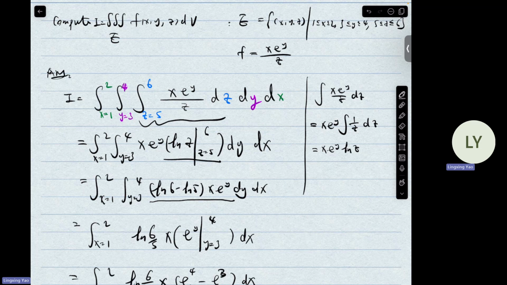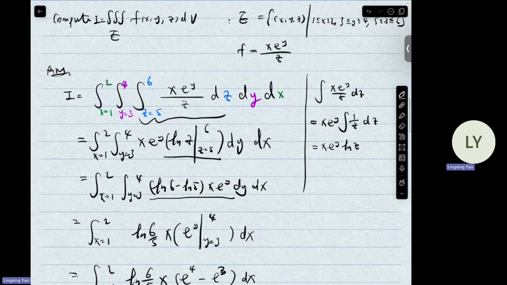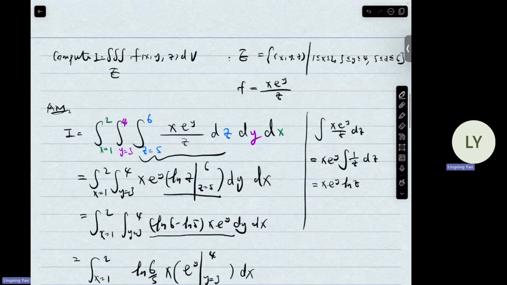So let's just continue our discussion about the triple integral. As in the last segment, we went through one example of this triple integral. We set up the integral in a box, which means all the limits for x, y, z are constants.